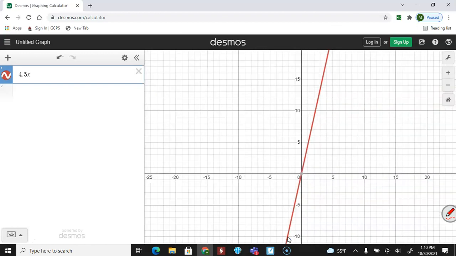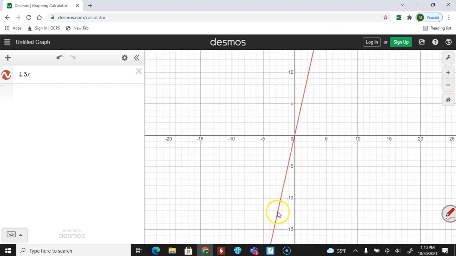Let's scroll out a little bit. If we do 3, let's see where it intersects with 3. Right about there, it looks like, pretty close. That's about 13.5.